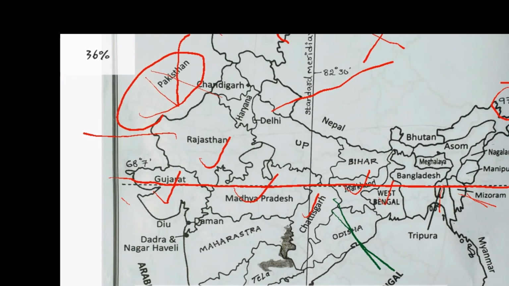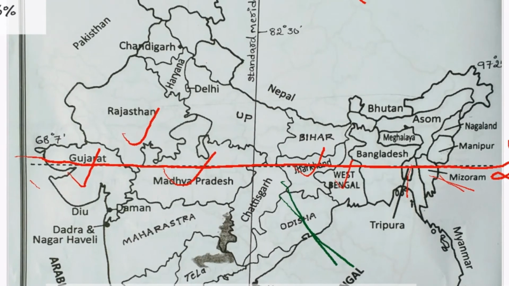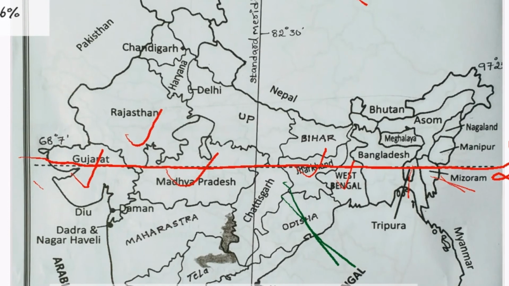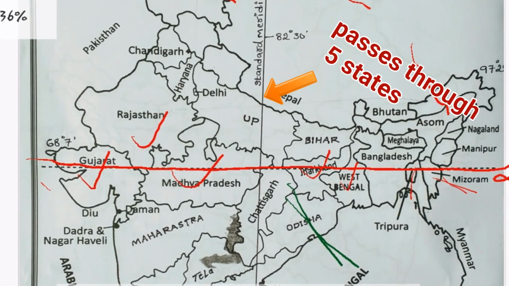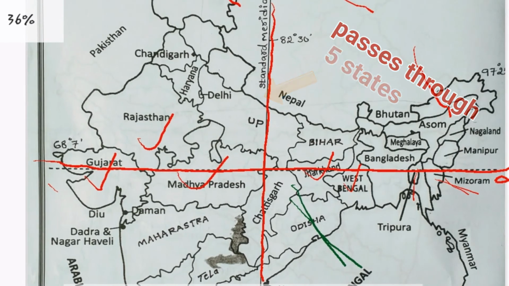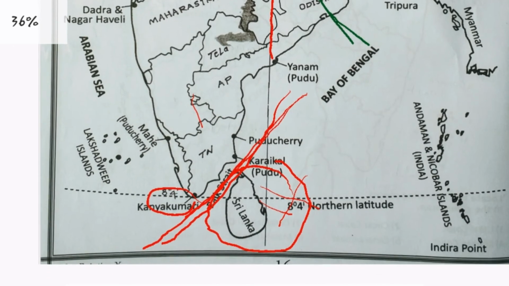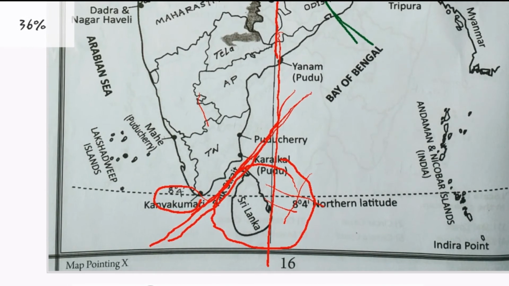The 82½ degree eastern longitude. So here this is the 82½ degree eastern longitude. This is the 82½ degree eastern longitude.